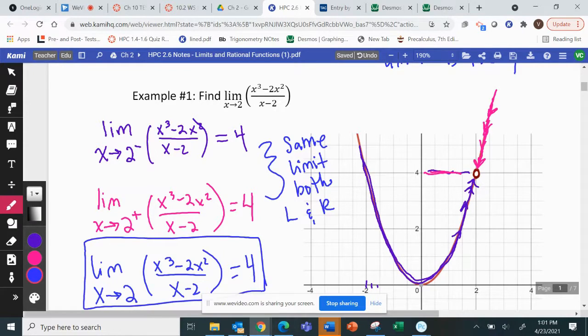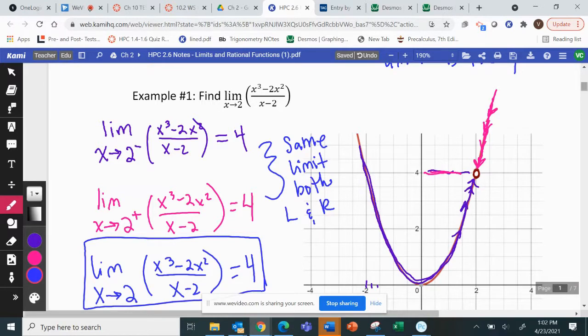Mind-blowing, huh? That should seem very easy. Did it seem very easy? Is anybody confused? Not yet.